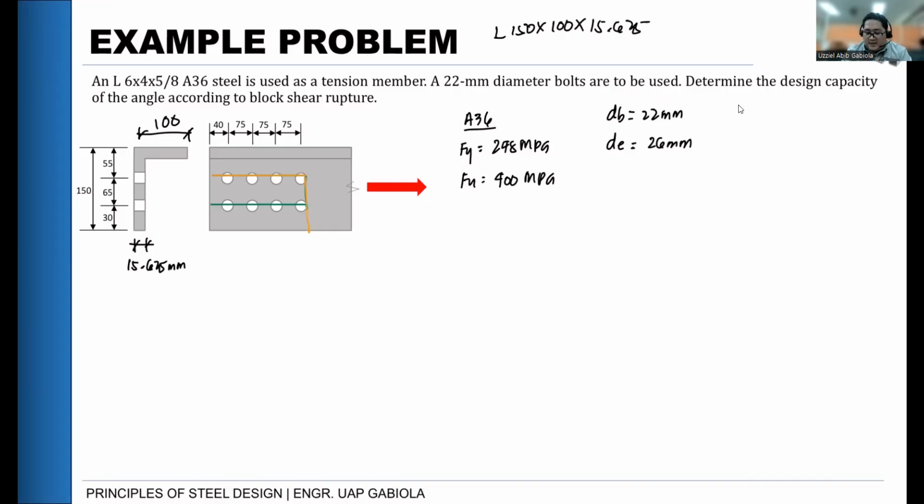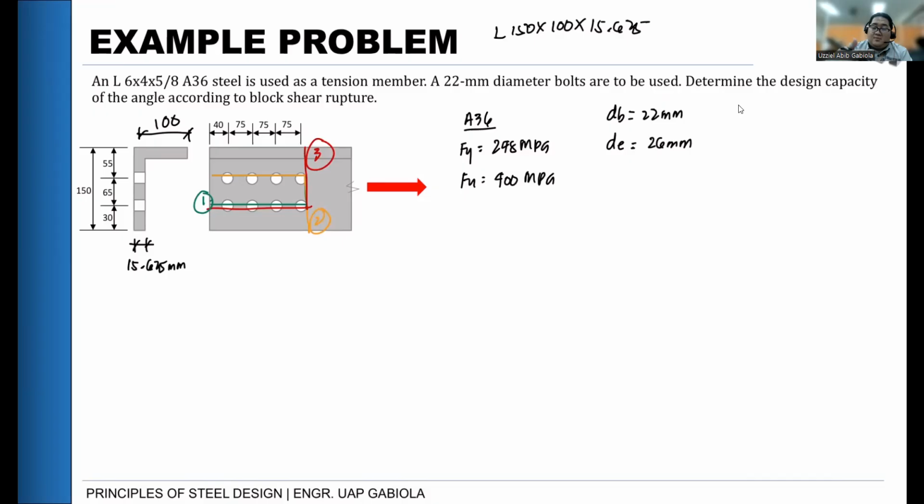And then yung last one is, ito yung magiging shear plane natin, and then doon naman tayo sa taas pupunta. Okay? So this is our first failure path, second failure path, and then third failure path. Okay? So each failure path, you need to calculate yung capacity niya and then compare them with each other. And then whichever capacity yield the smaller one, that will be the governing capacity for block shear.